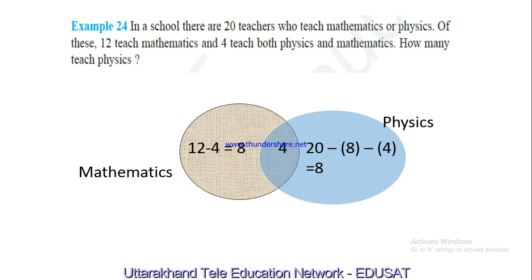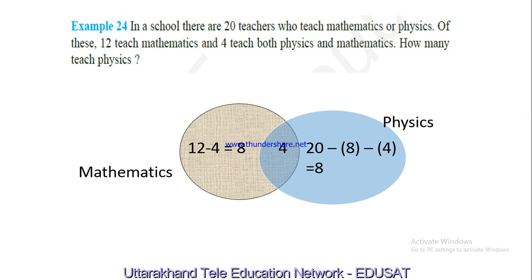Now likewise, if you shift your attention to the circle on the right, which is the blue circle, the total area covered by this circle will include the central part, which is the overlap and is showing 4, and the part on your right, which is the pure blue part.